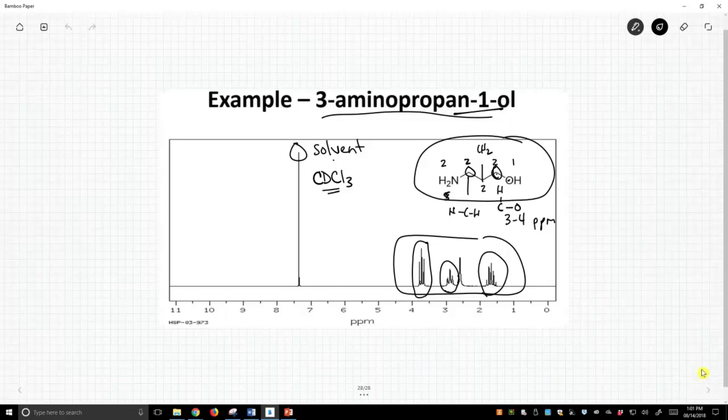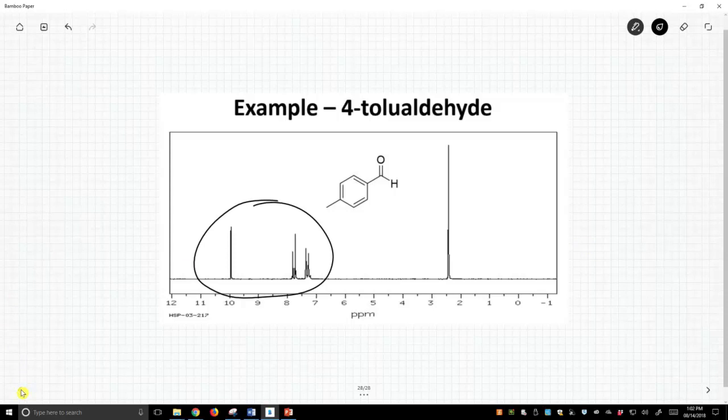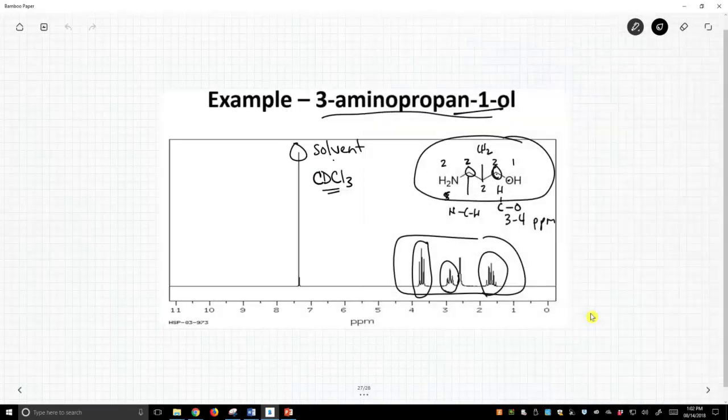Let's see another quick example, a little more distinctive. Here's a molecule where we have peaks showing up more on the left-hand side of the spectrum. These are all sp3 CHs, and they show up a little more on the right.